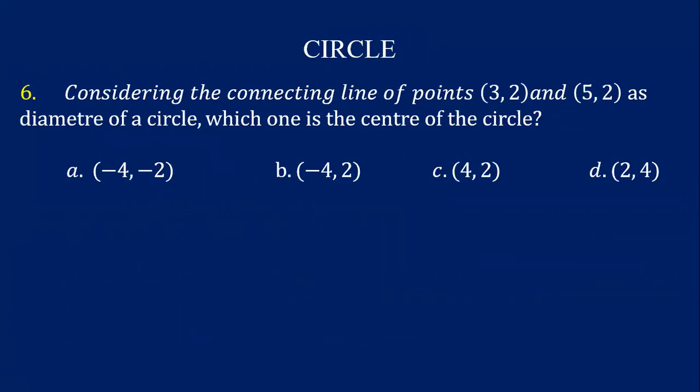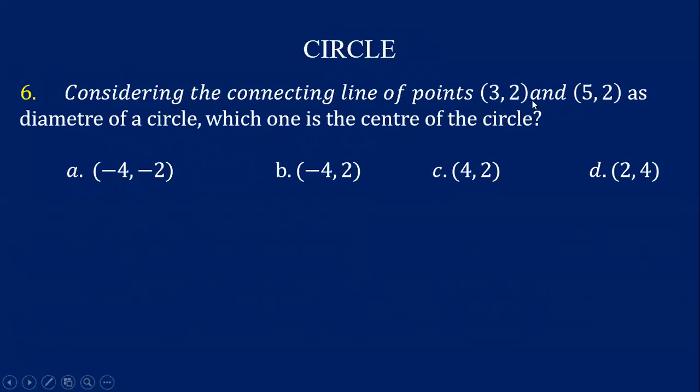Now, question number 6. Considering the connecting line of points 3, 2 and 5, 2 as diameter of a circle, which one is the center of the circle? Very easy question. You see, these are the extremities of a diameter. So we know center is the midpoint of a diameter.